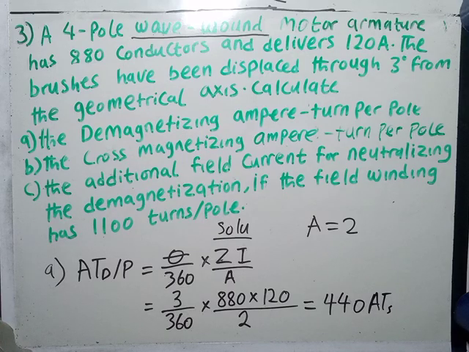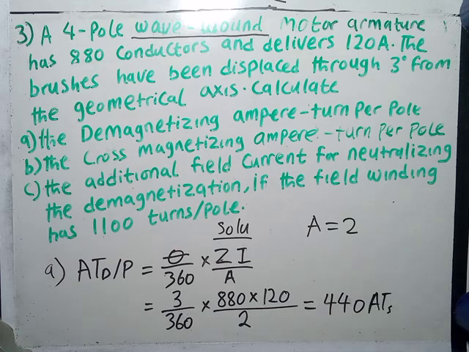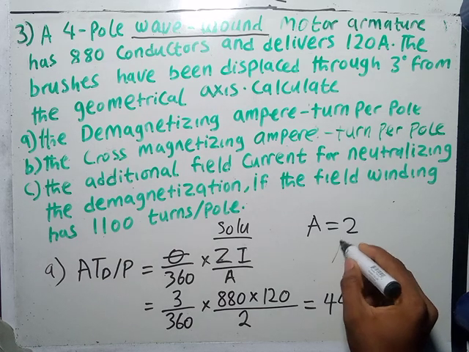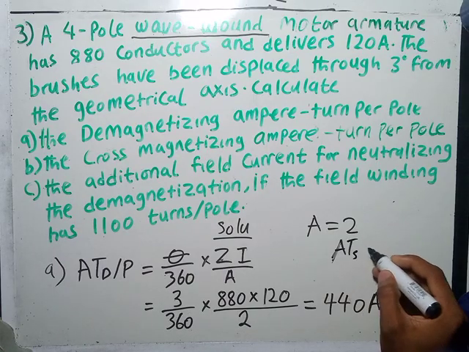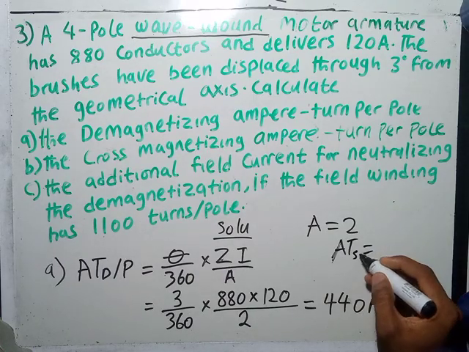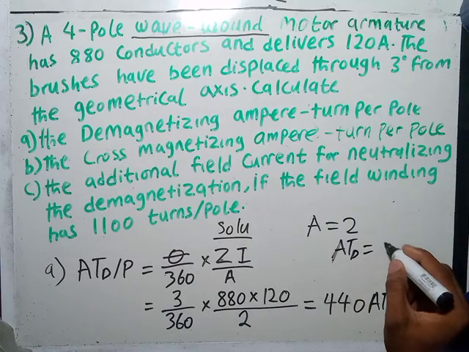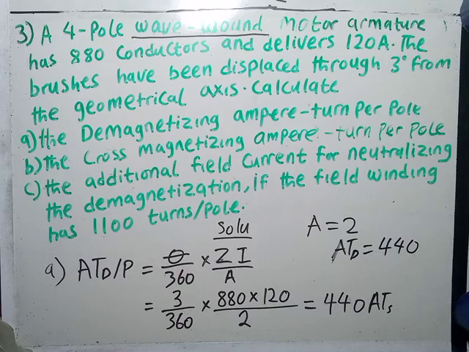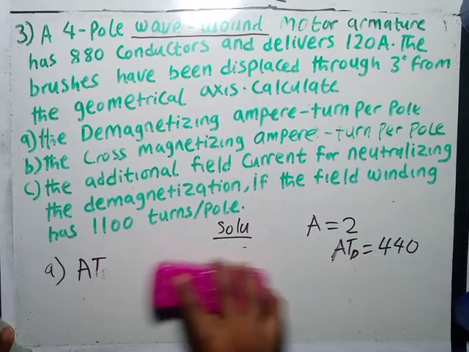Now, we'll be writing this by the side. ATD is equal to 440.